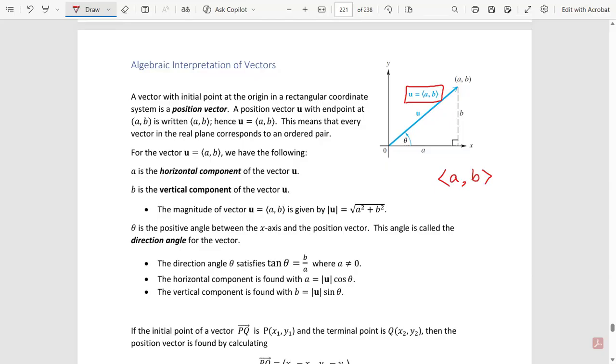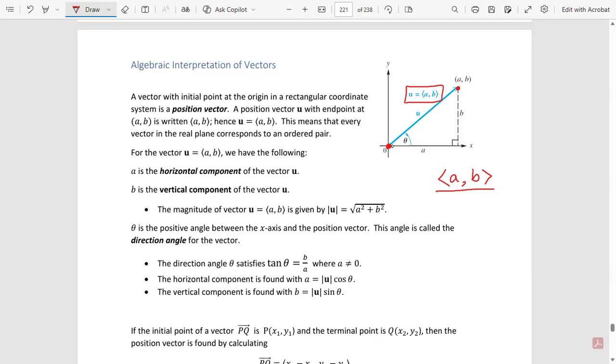If the initial point of the vector is on the origin, since the origin is 0 and 0, then a and b are the exact point of the terminal. So if the terminal point is (a, b), the vector components are a and b.